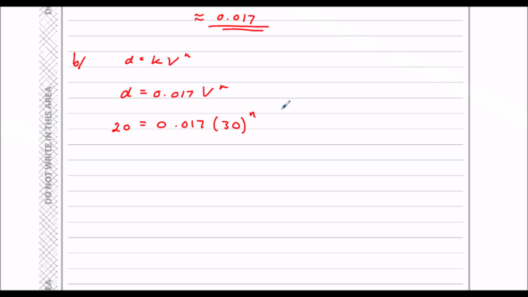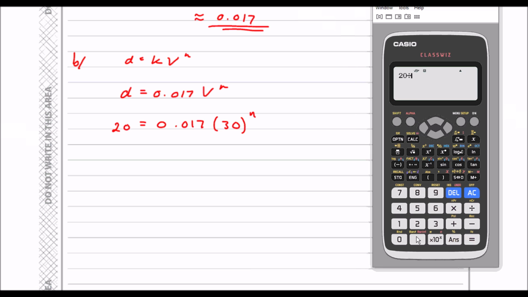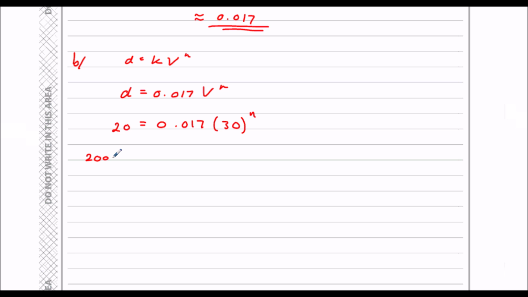So let's solve this. Divide both sides by 0.017. So 20,000 over 17 equals 30 to the power of n. So we want to find n, so we can use logs. So n is equal to log base 30 of 20,000 over 17.